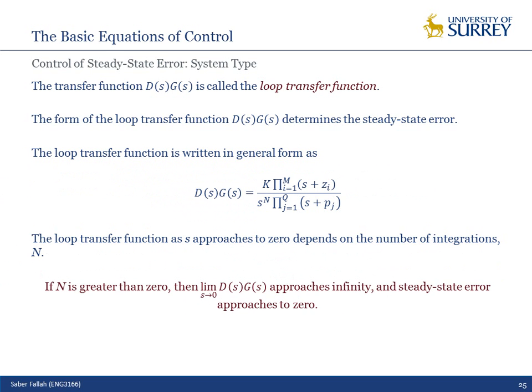If n is greater than 0, then the limit of D(s)G(s) when s goes to 0 approaches infinity. And steady state error approaches 0, because we have a over 1 plus infinity, or a over infinity, which is 0.